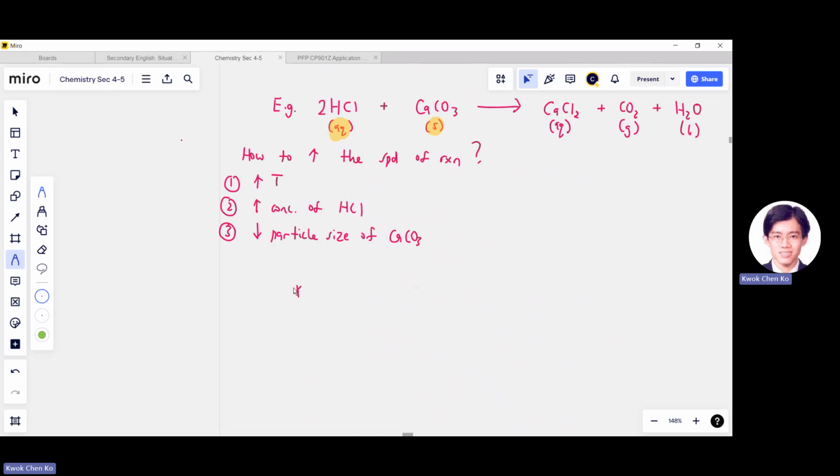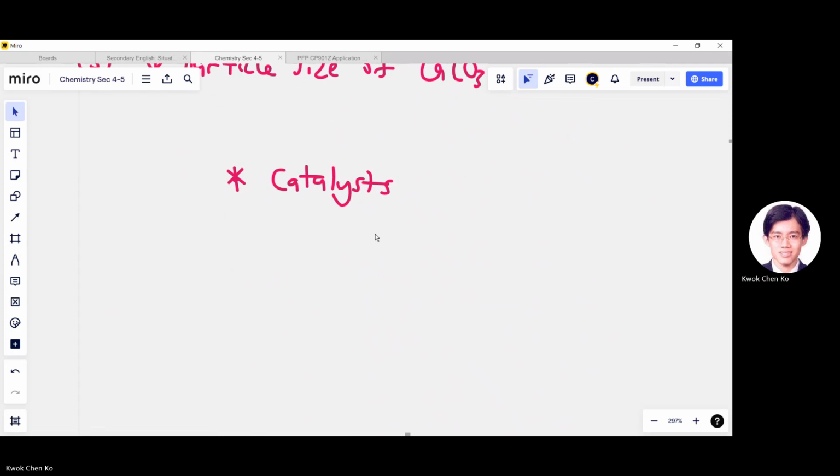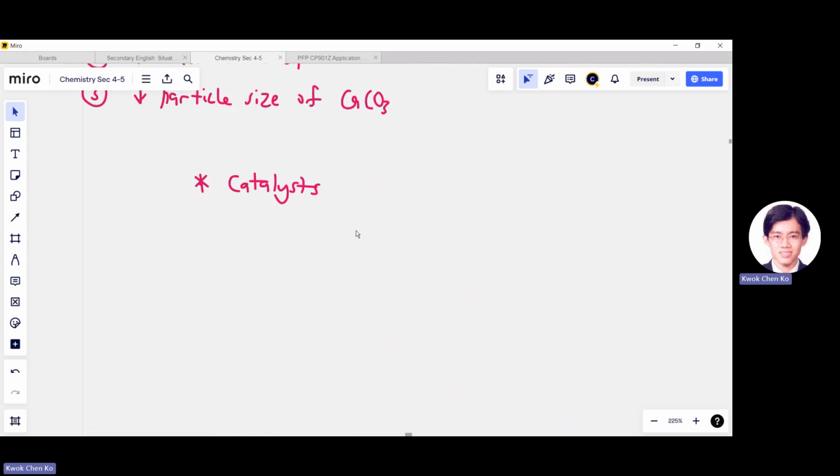Okay, come. Catalyst. What are catalysts? Something that catalyzes the reaction. Substances that increase the speed of reaction.